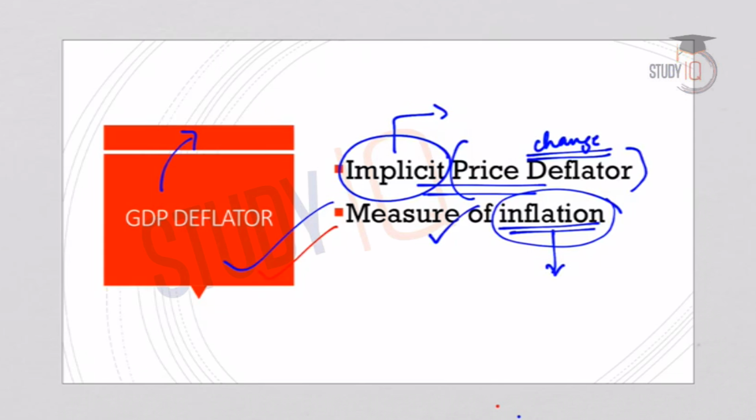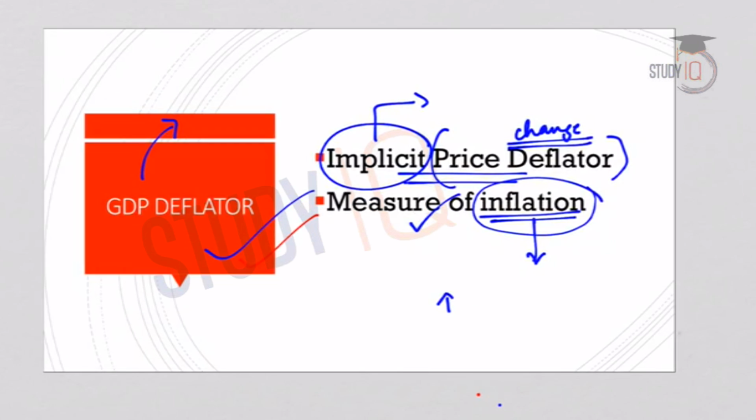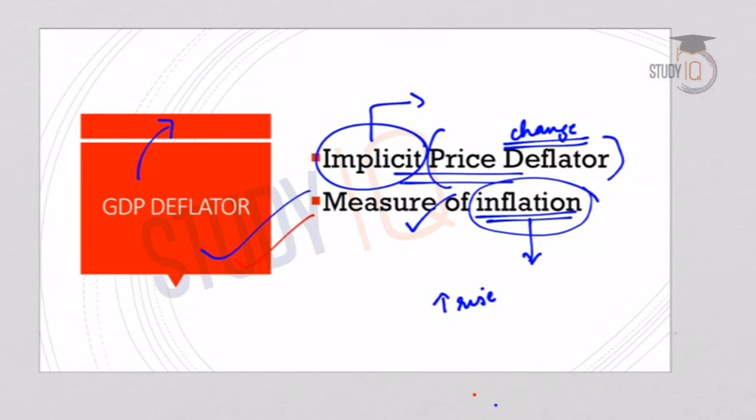Now what is meant by inflation? Inflation means the persistent rise in the prices of commodities in the market, and inflation can be of two types. One is demand pull inflation, second one is cost push inflation. Now, what is demand pull inflation? From the word demand itself, you can draw the definition.